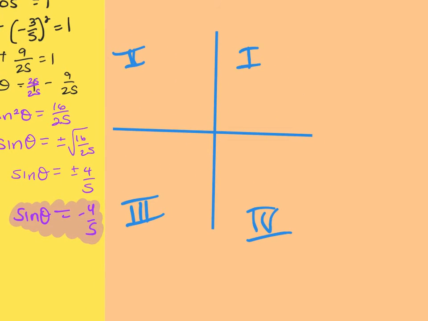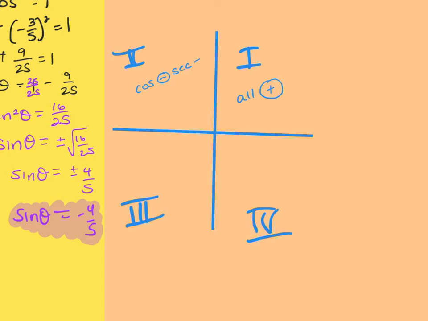In the first quadrant, everything is positive because I move right and up. In the second quadrant, I'm moving left and up, which means my cosine is negative, and that means my secant is negative. All others are positive.